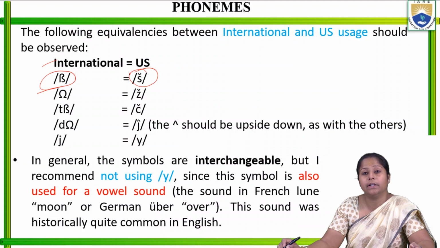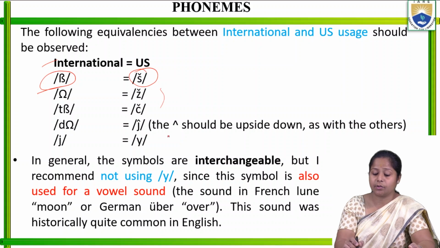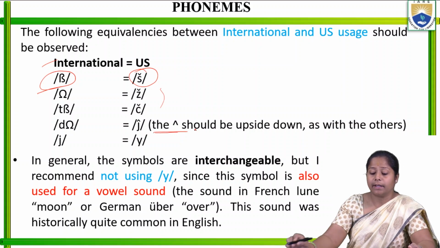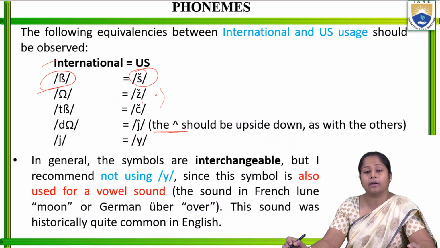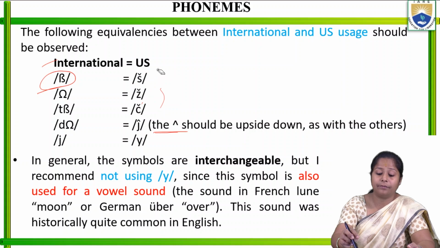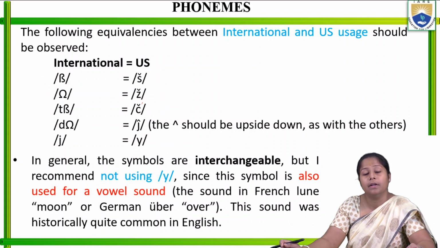So this is an exchange of the different phonemes with the help of the transcript. Here you see this comment: the caret should be upside down, whereas the others are all downward. So only this one is upside down. We need to understand this whenever the user or reader is going to make some sound by reading the transcript in the right way.